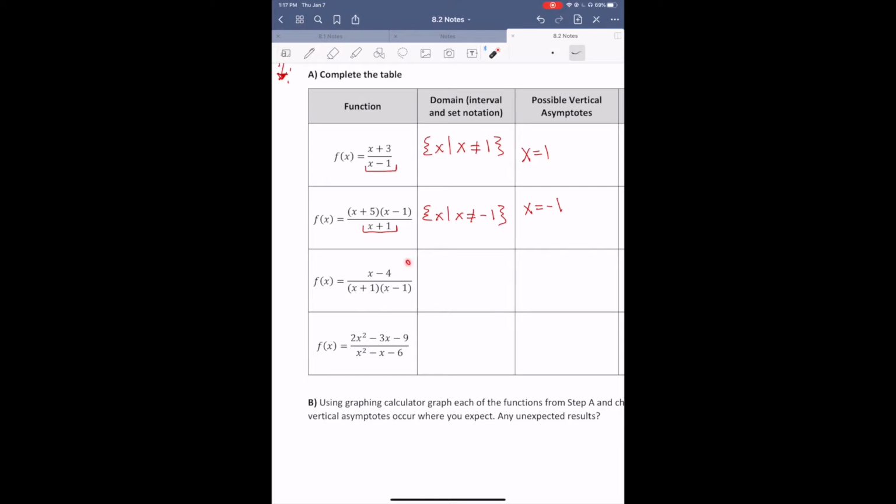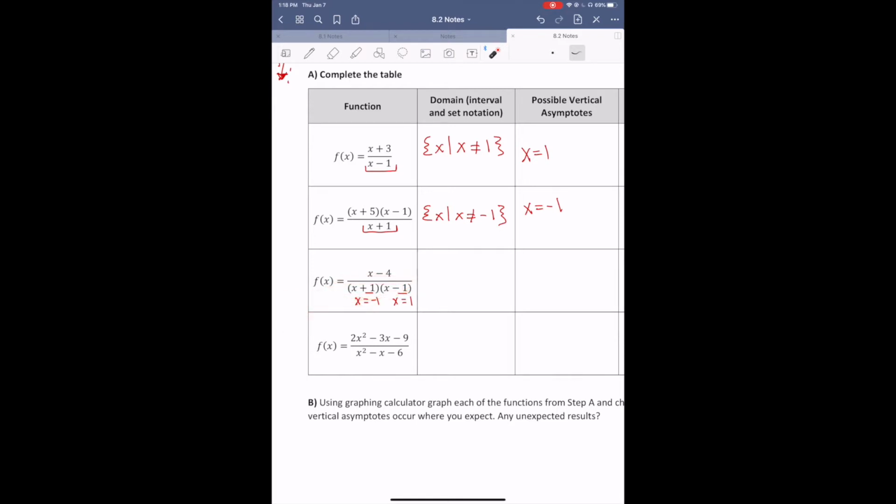Okay, our third function, x minus 4 divided by x plus 1 times x minus 1. Now we do have two separate binomials here. So this tells me that we're going to have two separate asymptotes, right? In this case, x equals negative 1 and x equals positive 1. Remember, this is where we would apply zero product property in order to define those values for x.